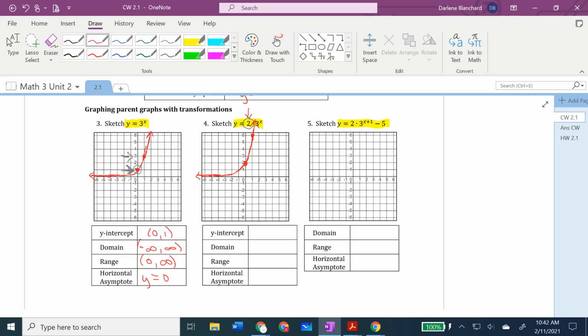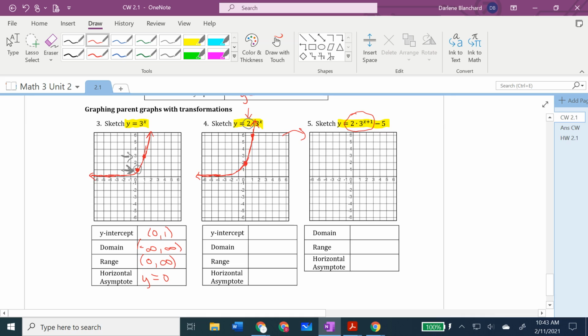Now, I want to point out that for the next function, you see that 2 times 3 to the x. So we've already stretched. Now we're going to take that stretching and we're going to move it.